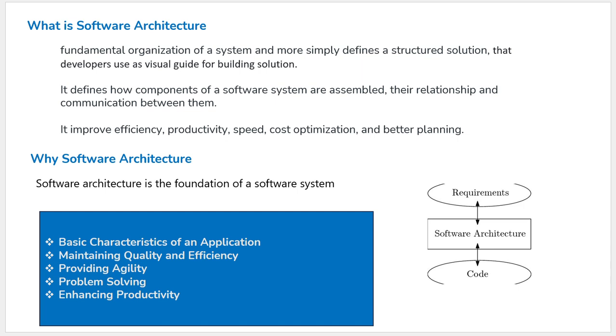First, defining the basic characteristics of an application. We have to know the characteristics, strengths, and weaknesses, and that becomes important for choosing the right one to meet your business objective.